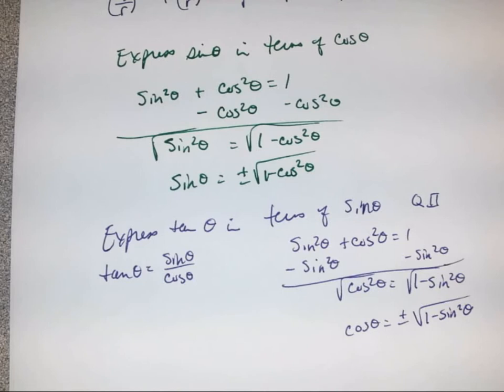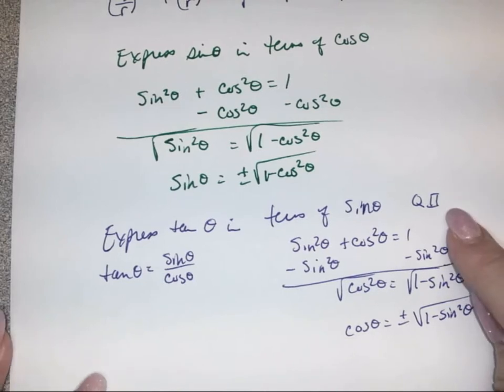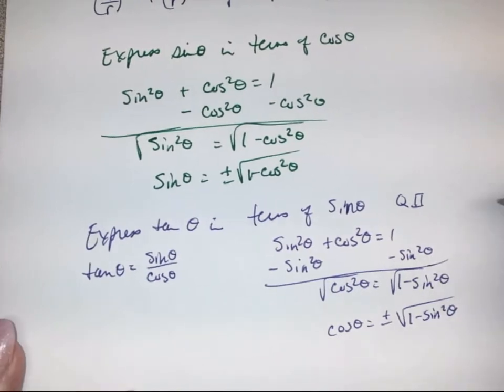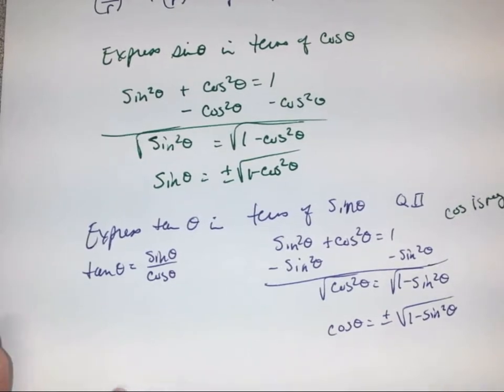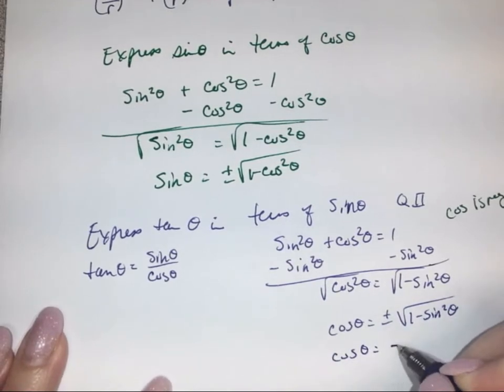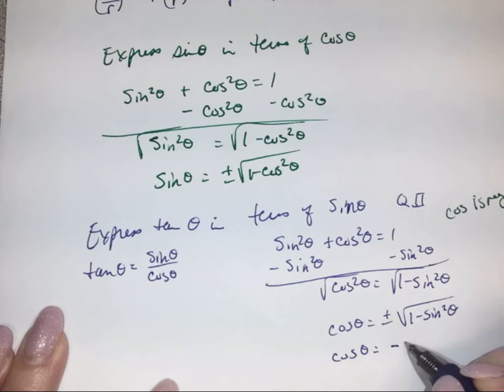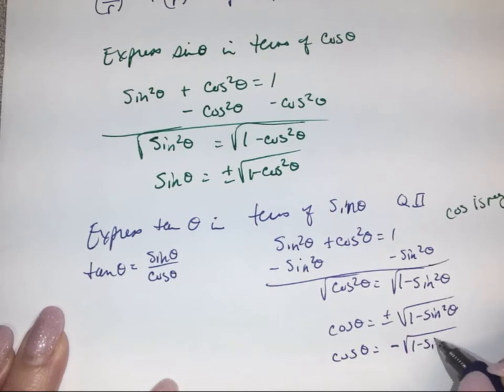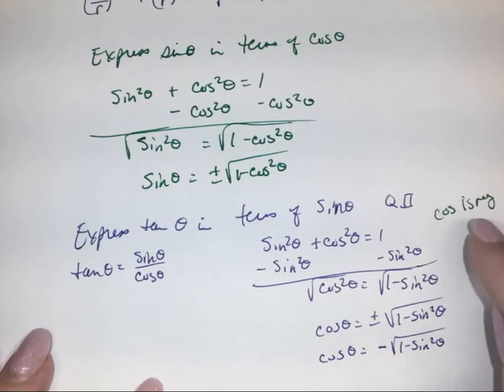Now we're in quadrant 2, and in quadrant 2 we know that cosine is negative. So because of that, I know that cosine theta will be equal to the negative of the square root of 1 minus sine squared theta. So we're deciding this by what cosine is.